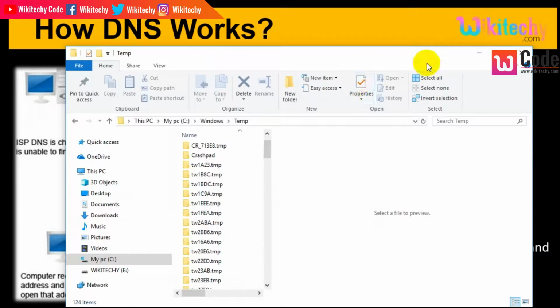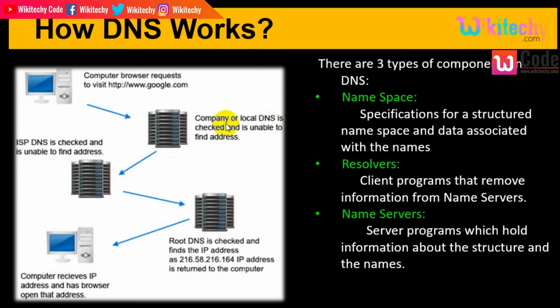These are the previous websites I opened. So it will check the local DNS in your computer. When a person is accessing a site, the browser will check whether the previous address is there in the local DNS. And if that is not available, it will check the ISP DNS, Internet Service Provider DNS.